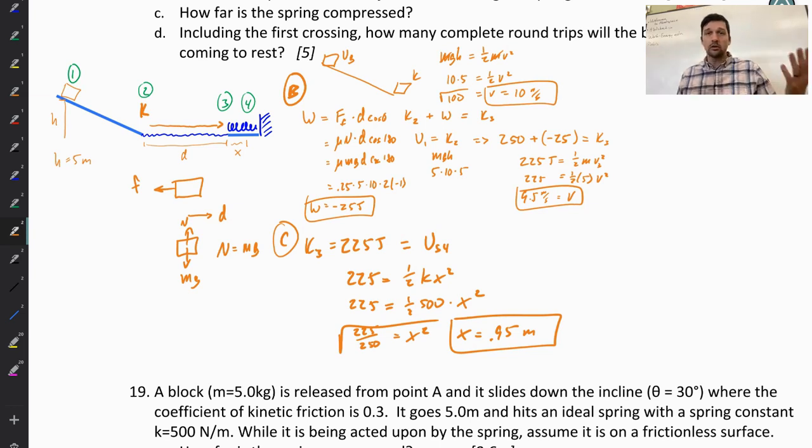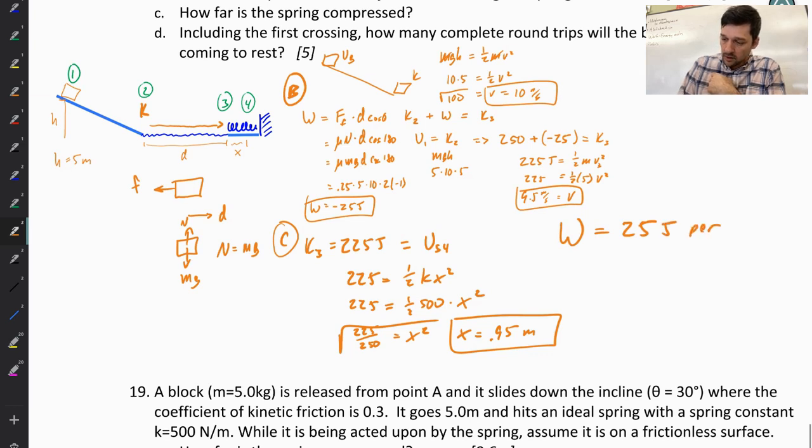When you've used up all your energy, you're just too tired to continue. And so we've already found that one crossing is going to absorb or withdraw 25 joules of energy. So every time you do a crossing, you're going to lose 25 joules of energy.